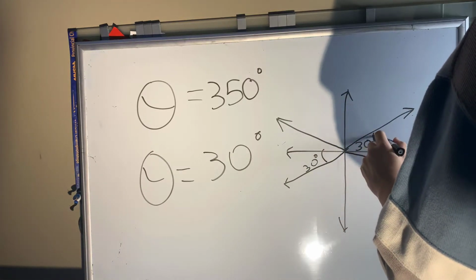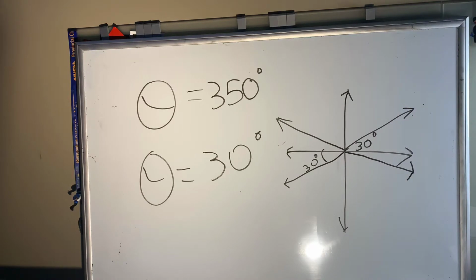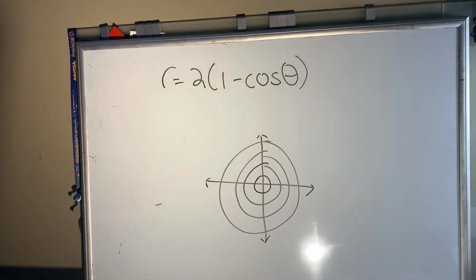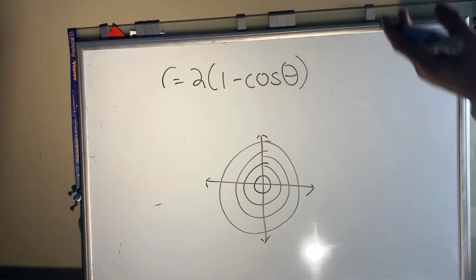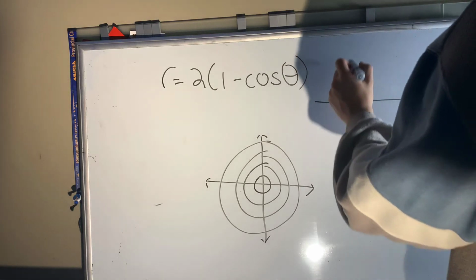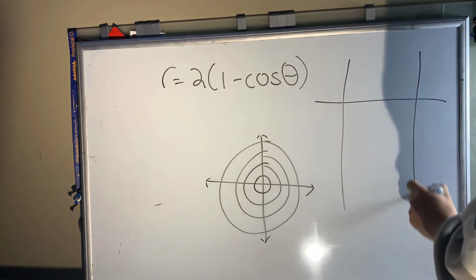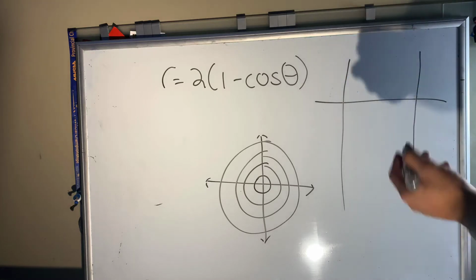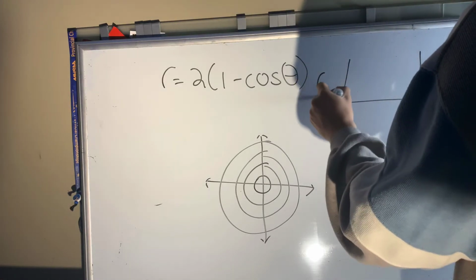And those are just a few equations for theta alone. The last equation before I end this video that I want to briefly mention is this equation right here. It's not quite as easy as just having r and theta, but it can be done by making a chart. So right here is theta.